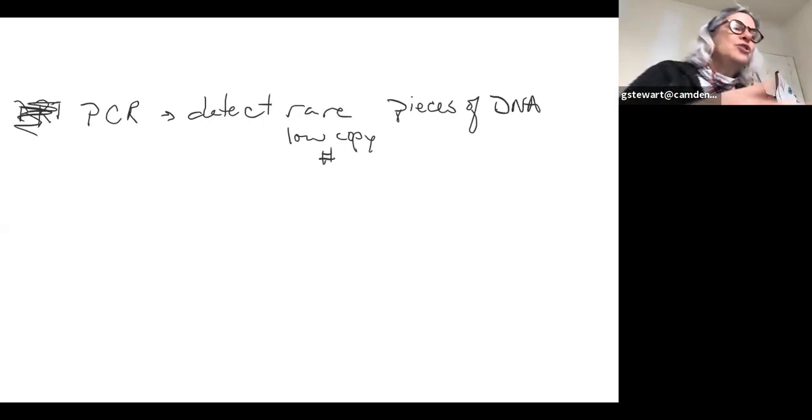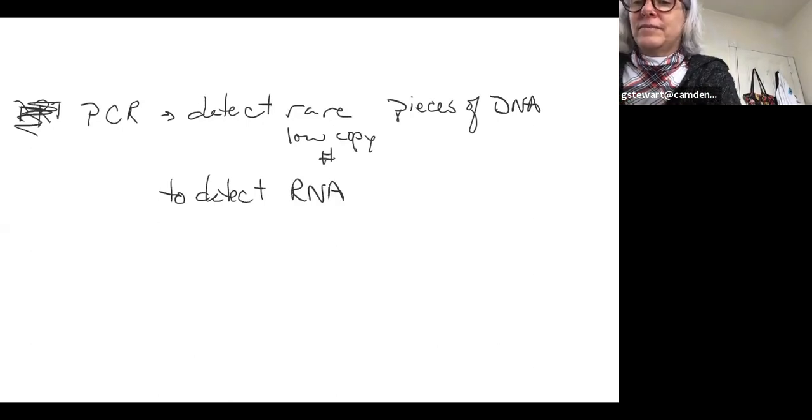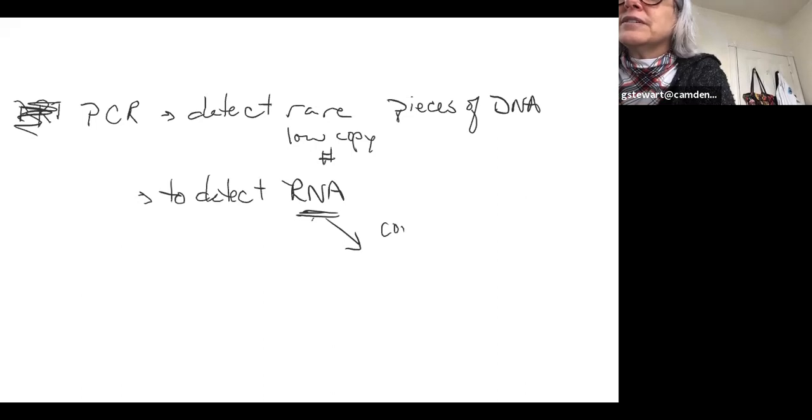because if I want to use PCR to detect RNA, right, and I'm starting with RNA as my starting material, I'm going to have to convert this RNA into a kind of DNA. We call it cDNA, or complementary DNA.